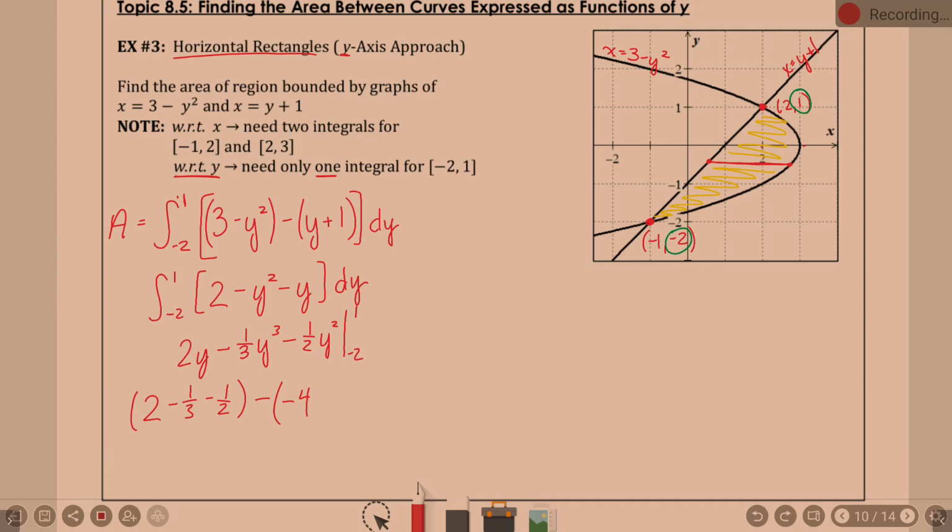Well, -2 cubed is -8, times -1/3 is going to be +8/3. And I'm not worrying about this subtraction right now. We'll come back and get that other subtraction in a moment. -1/2 times -2 squared. -2 squared is 4. -1/2 times 4 is minus 2. Okay, that's not horrible, is it?